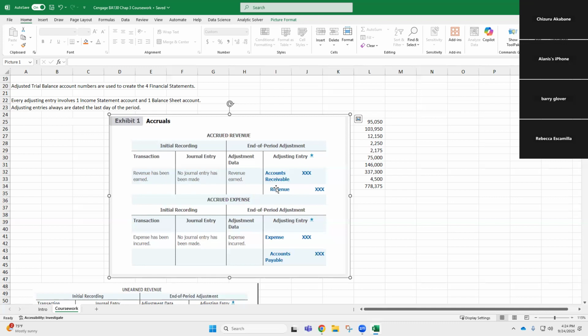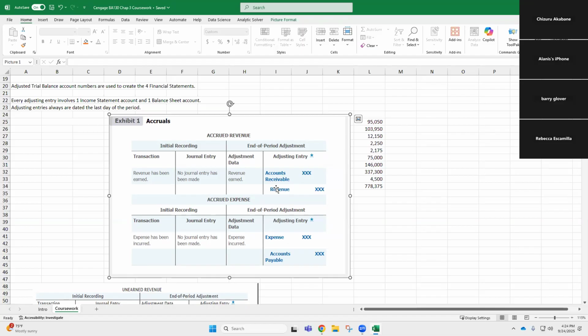There's a month end list, and when a business has month end, they try to keep a list of what accounts need to be looked at to make sure that the right adjustments are taken care of. So revenue's been earned, but we have not billed any customers yet. So what we're going to do is make accounts receivable go up as the adjustment.